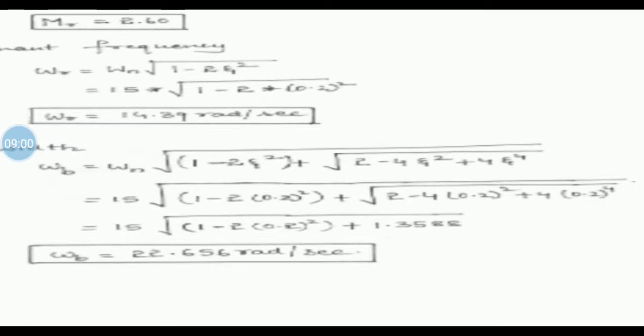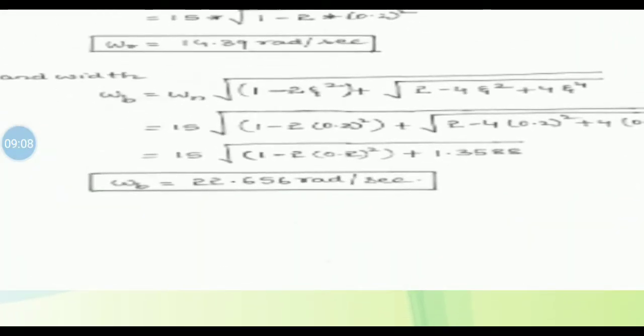So which comes to be 15 into root of 1 minus 2 into 0.2 square plus 1.35 etc. So omega b will come equal to 22.69656 radians per second.